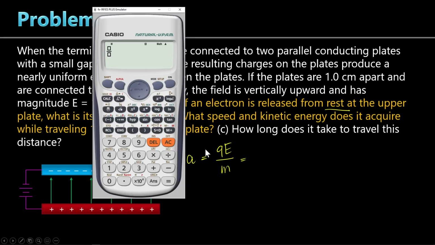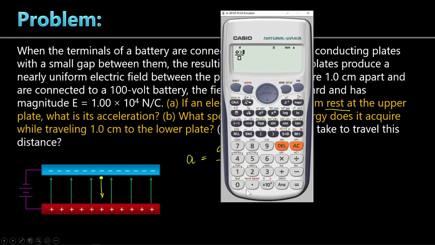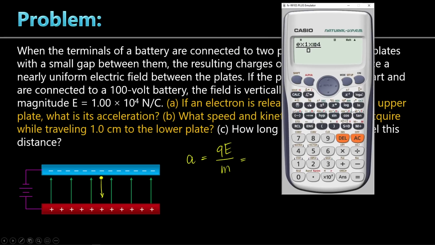Yung Q is the charge of the electron which is stored in constant 23 of the calculator. Multiply natin ng electric field. Ang value is, diba, 1 times 10 to the 4 yan. Divided by the mass of the electron, constant 3. Shift, constant 0.3.